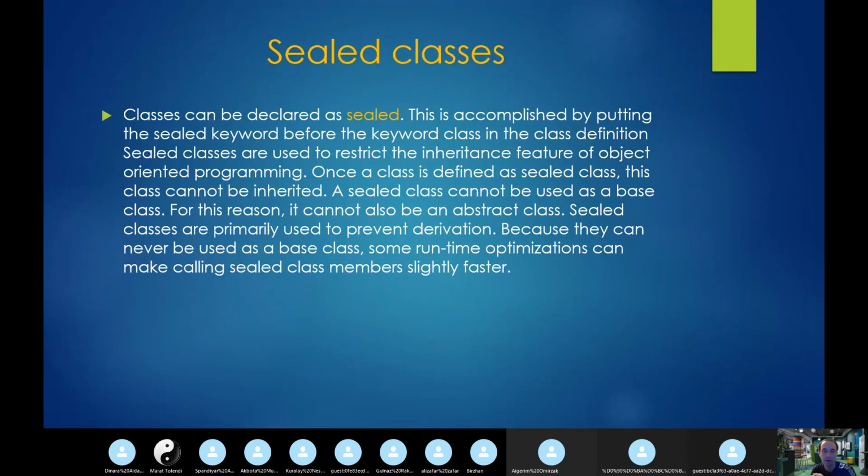So when classes are declared as sealed, this is accomplished by putting the sealed keyword before the class keyword in its definition. Sealed classes are used to restrict the inheritance further of the object-oriented programming. As we saw with the abstract class, it is the opposite way.